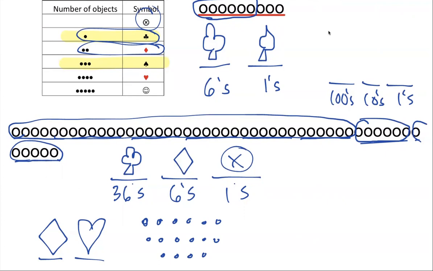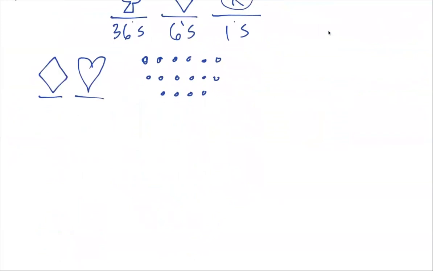Finally, how about some addition? I think there's some addition in this assignment. So we'll try one more problem here. Let's just do diamond plus heart. Okay. What I would recommend is drawing the number of objects.